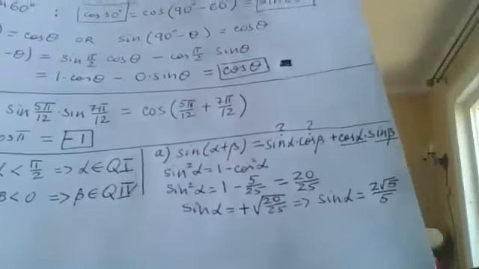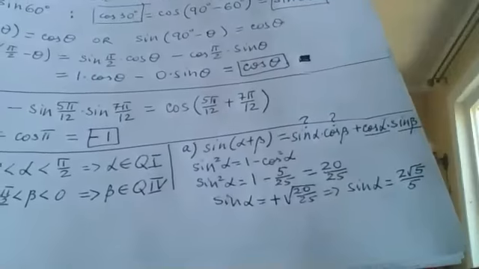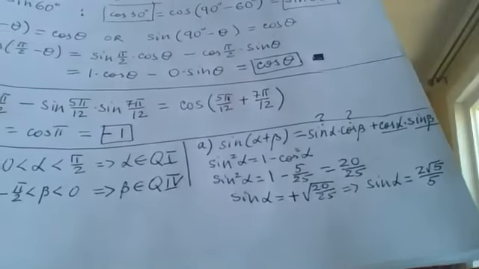Downstairs we have 5, and the square root of 20. 20, is it 4 times 5? Yes. If you take the square root of 4, is it 2? Yes. Look what I'm getting: sine alpha is equal to 2 square root of 5 over 5. And I found that value.